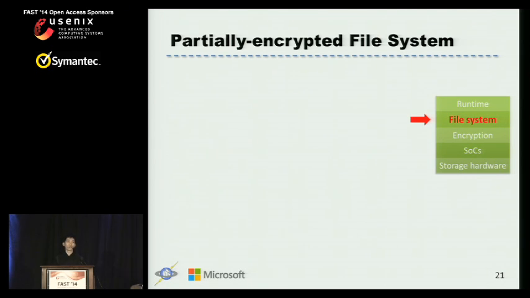So we need to rethink the encryption policy inside the file system. Currently, we are using what we call an all-or-nothing policy. That means that you can either choose to disable the encryption or you need to turn on full disk encryption. However, sometimes it can be an overkill.